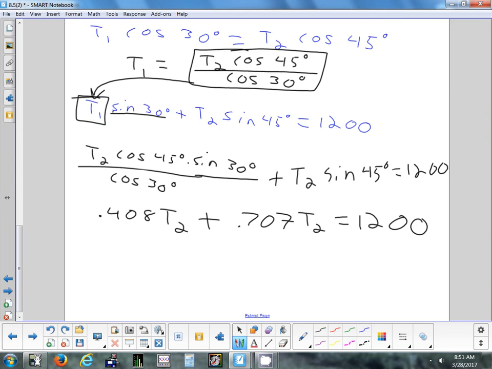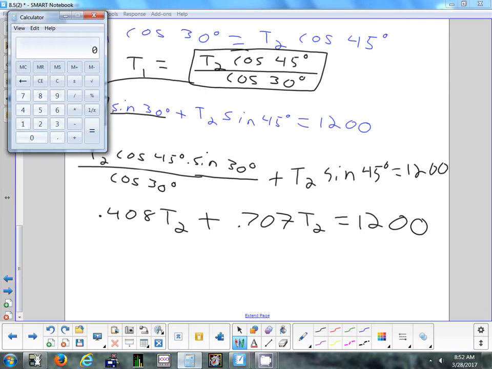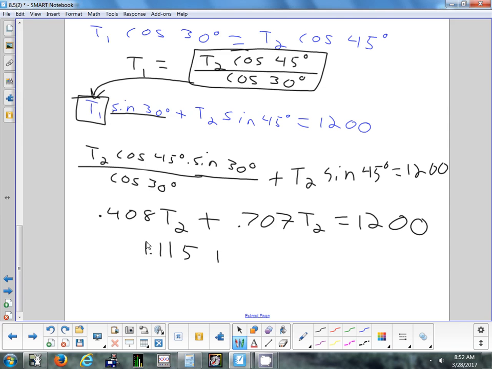All right. What would I do now? You could combine them. Yeah, they're both like terms, so add them up. So 0.408 plus 0.707, we get 1.115.